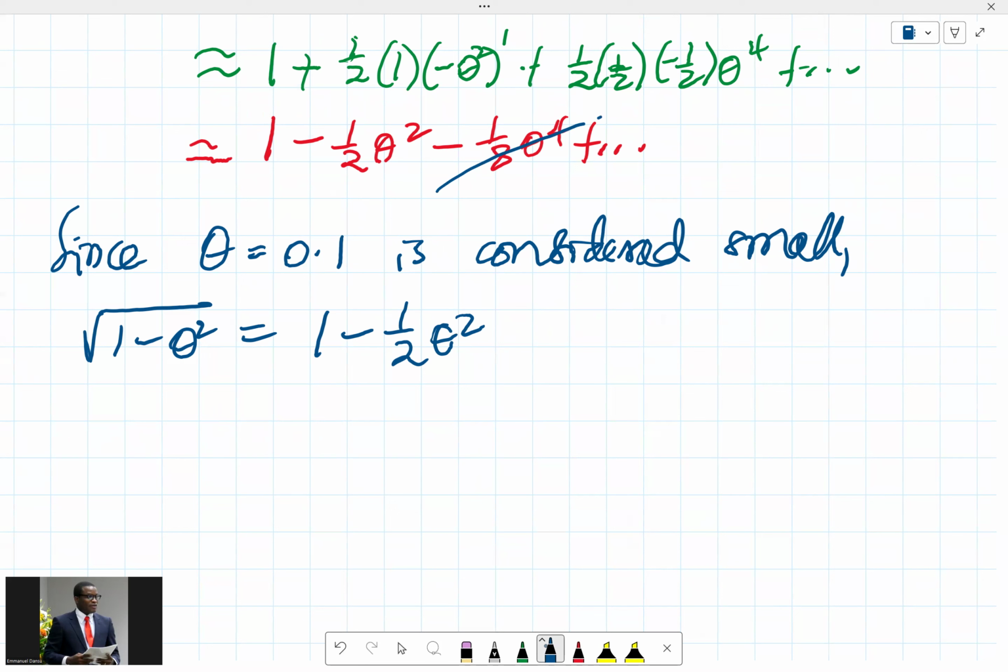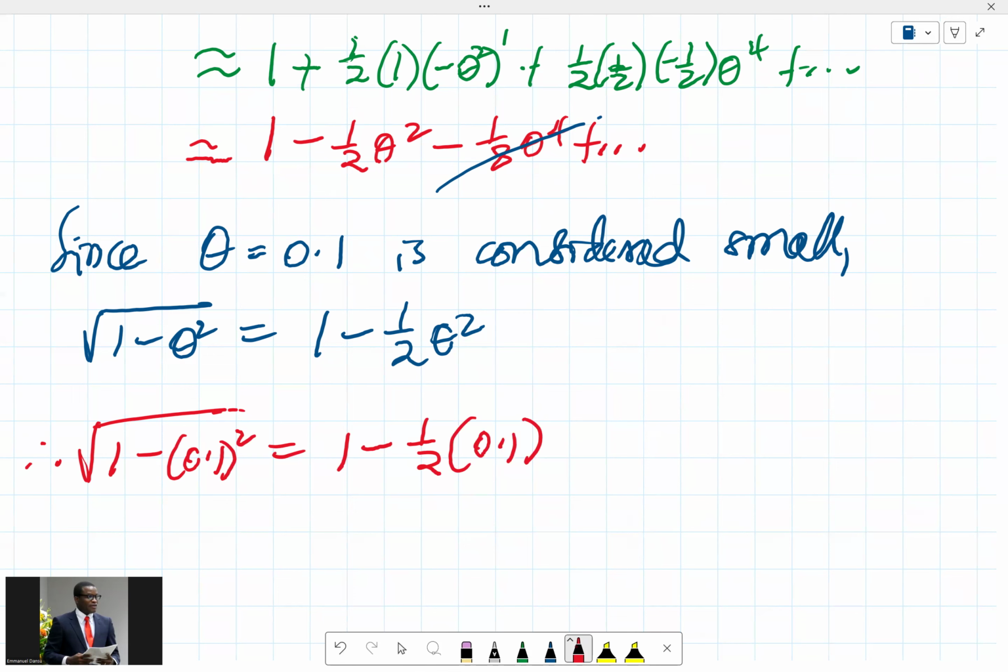So if we now use what we've been given, that theta is 0.1, therefore square root of 1 minus 0.1 squared will simply be 1 minus half into 0.1 squared.